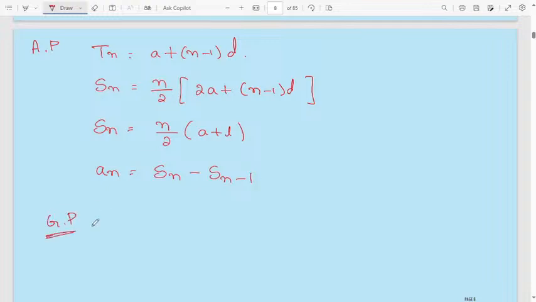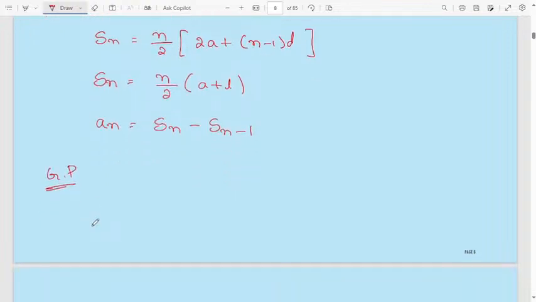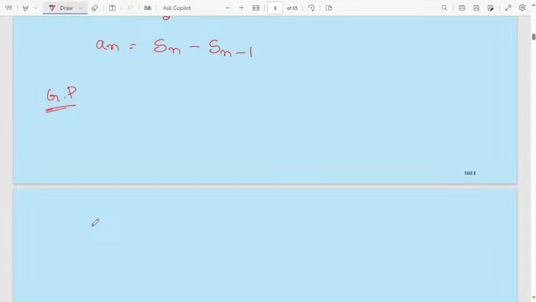Next, formulas based on geometric progression. Tn is ar power n minus 1. Then Sn is a into 1 minus r to the power of n divided by 1 minus r.